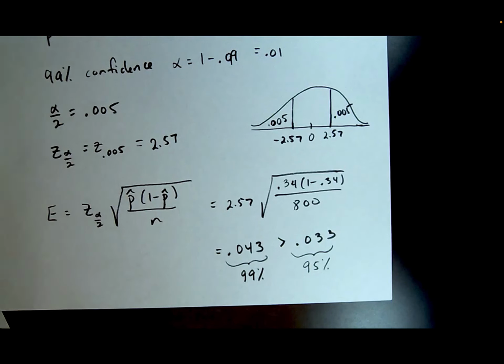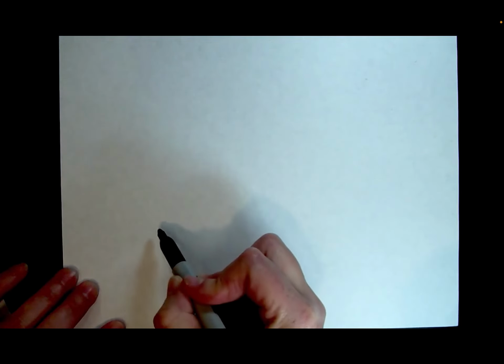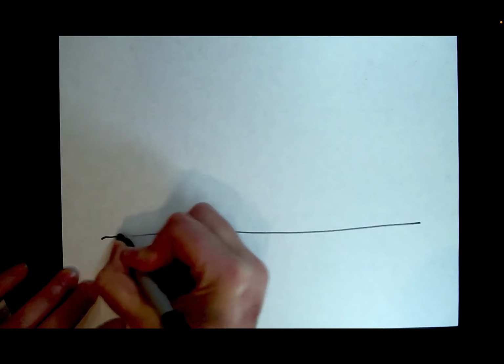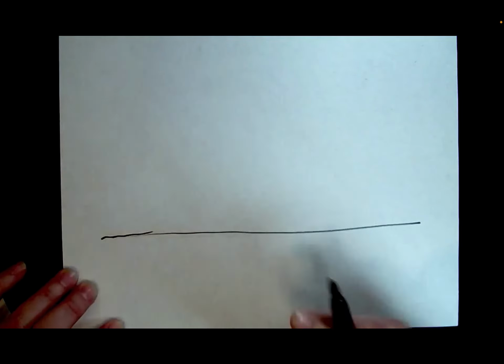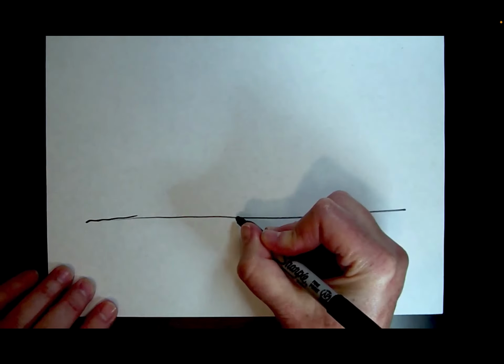So let's get sort of a visual of what's going on here. So we really came up in a way with two confidence intervals. So let's say here's our number line with possible proportions on there.